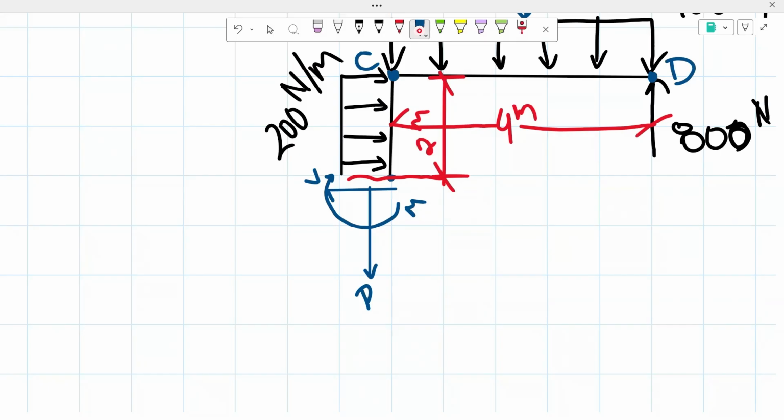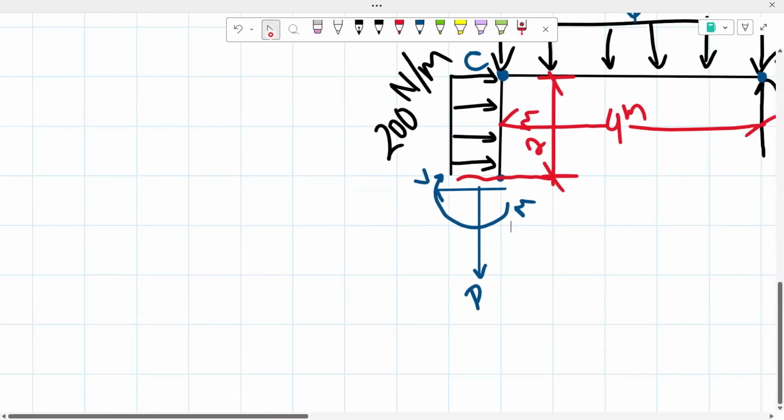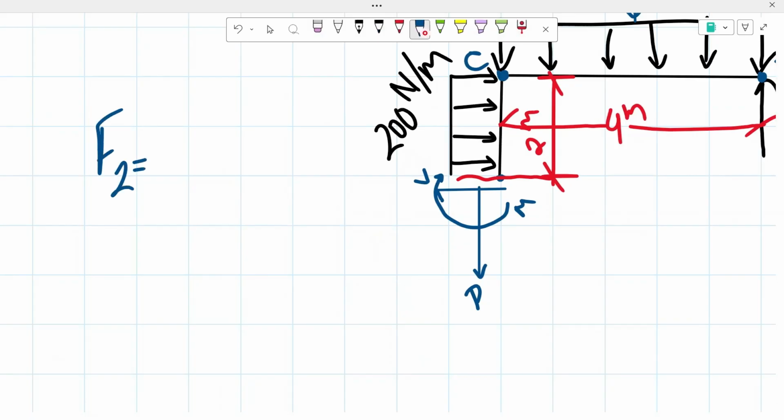the next step to determining my shear force, normal force, and moment would be to find the concentrated force of this distributed loading that we have here. It's going to be the same way we found the other concentrated force. I'm going to call this F2.